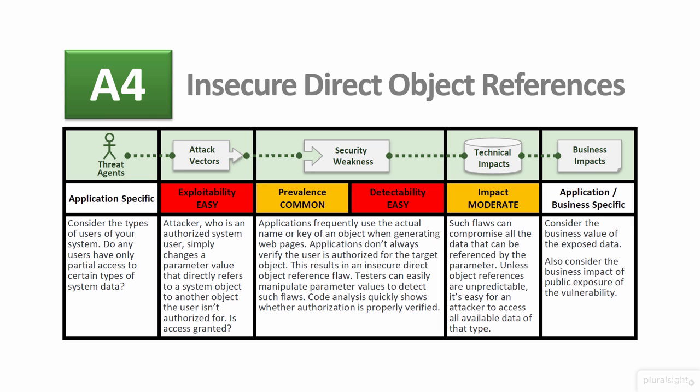And again, you'll see just how easy in just a moment. The impact they've classed as moderate, and it really comes down to the nature of the system. So what is the resource that the insecure direct object reference is going to expose to an attacker? This is their number 4 risk out of the top 10, so it is quite high on their list of risks. Let's jump over and do a demo so you can see just how impactful this risk can be.